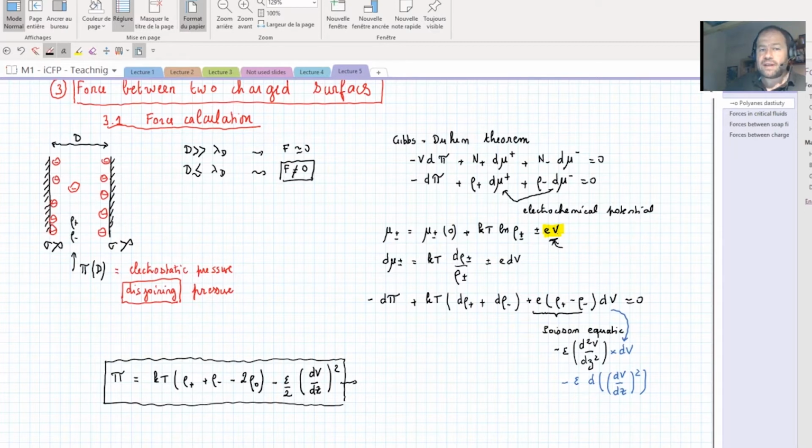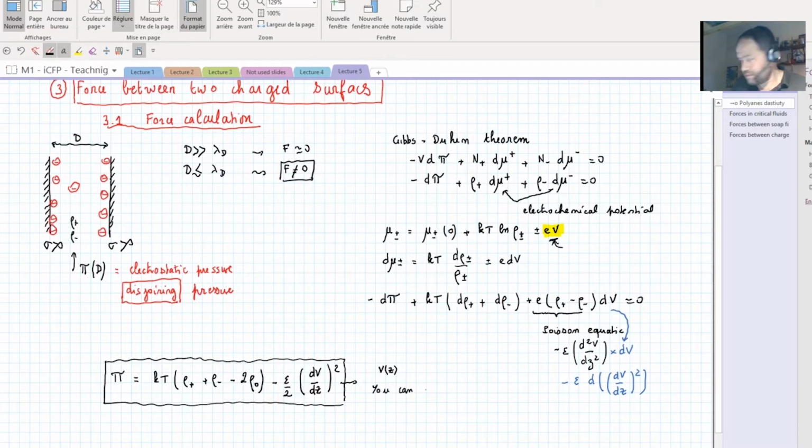The only point is that up to now I haven't written what V is, and of course V depends on z, and this shows that you can calculate the pressure everywhere. Does that answer your question, Basil?